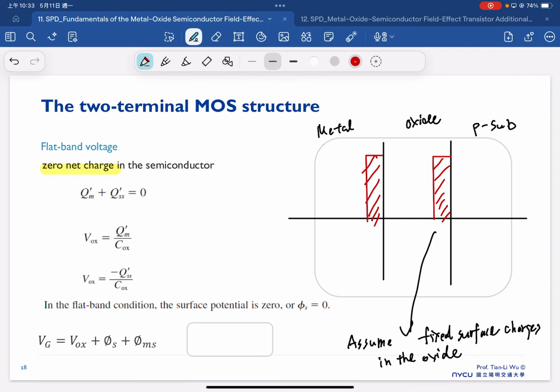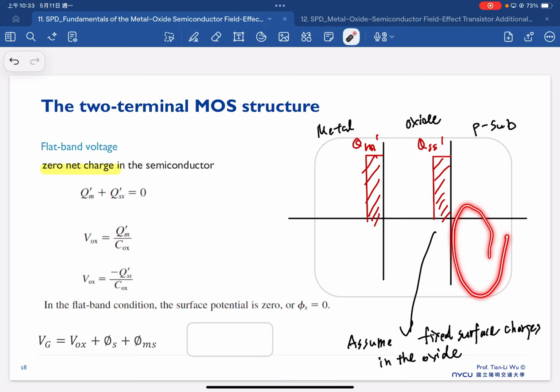So this is Q M prime, and this is Q SS prime. Because of charge neutrality, this plus this is equal to zero, and therefore you get this equation here.